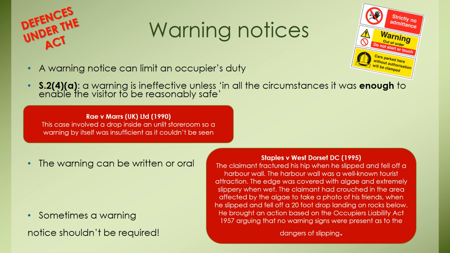But a warning notice can limit an occupier's duty. It just depends on how effective that warning is. So under the 1957 Act, Section 2, subsection 4A, what the law says is that a warning is ineffective unless, in all the circumstances, it was enough to enable the visitor to be reasonably safe.